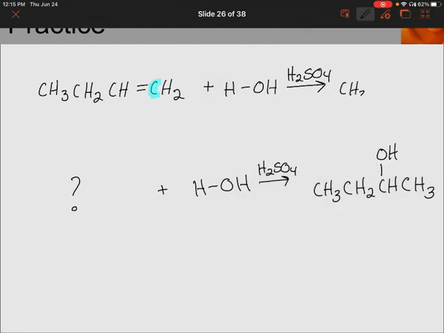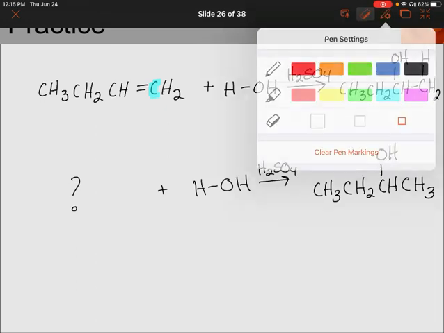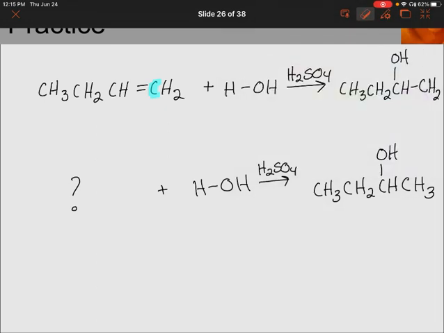So let's draw this out. So that means that the OH group will add to the left-hand side. Now again, you could just change that 2 into a 3 on the last carbon there to indicate that the hydrogen added to the carbon on the right.